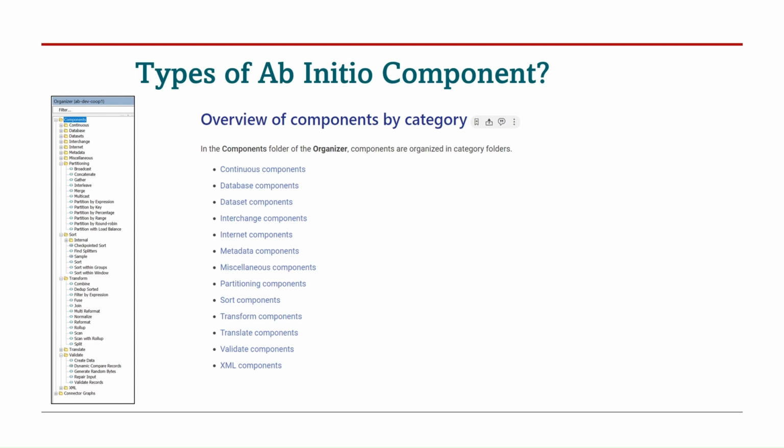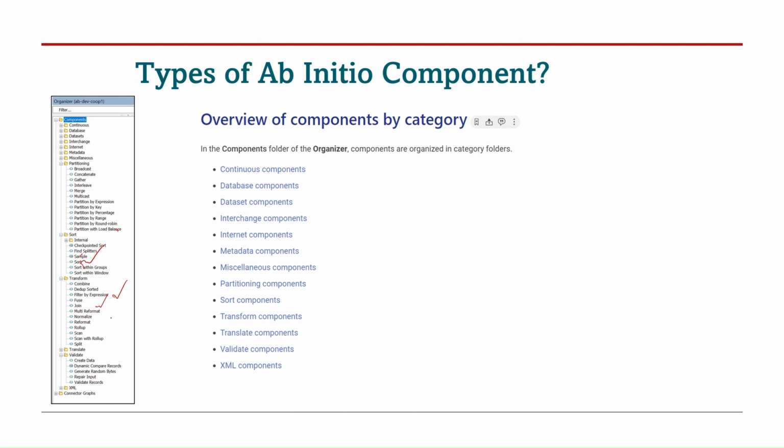We use these components to perform different types of functions. Let's say you want to sort input data in ascending or descending order: you use the sort component. If you want to filter any data, you use the filter component. If you want to join two datasets, you use the join component.